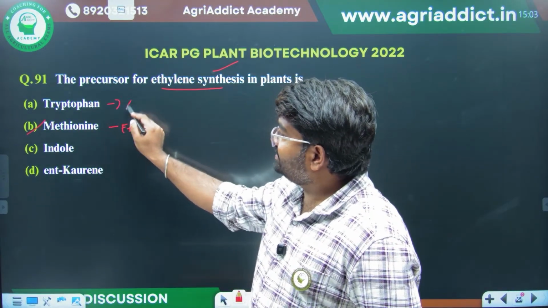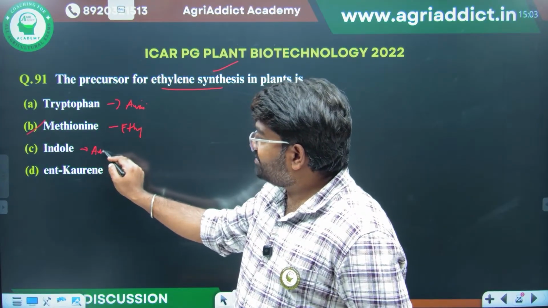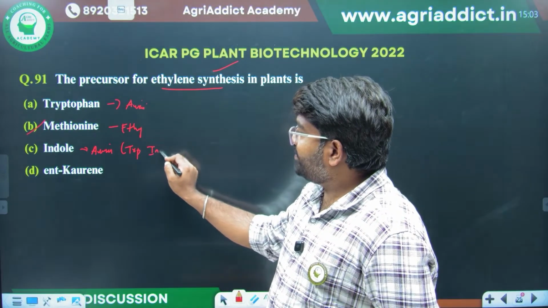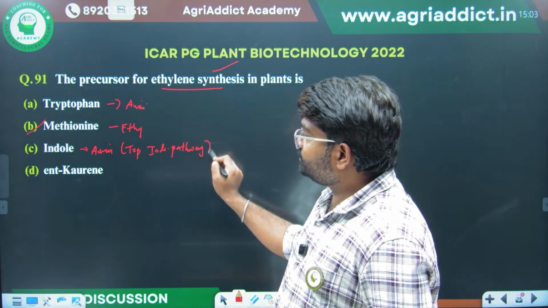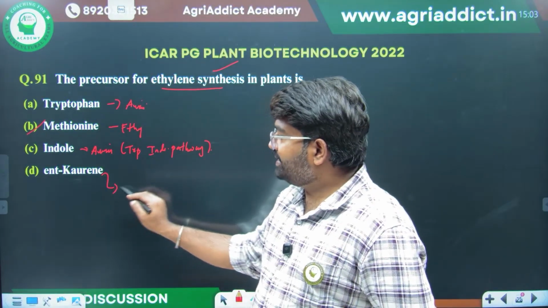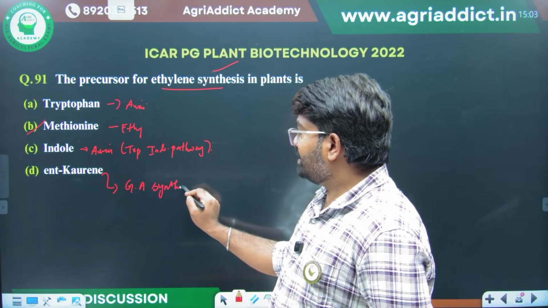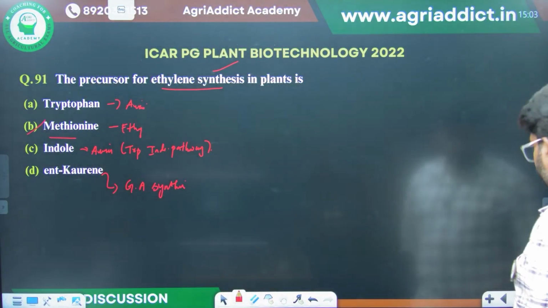Tryptophan for auxin. Indole also will come for auxin. This is the tryptophan independent pathway. Then another thing is ent-kaurene. This will come in gibberellic acid synthesis. Clear? So the right option is what? Methionine. Okay. Yes, very good.